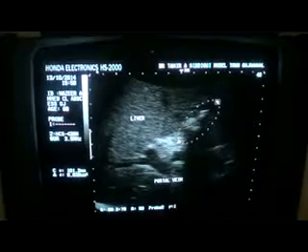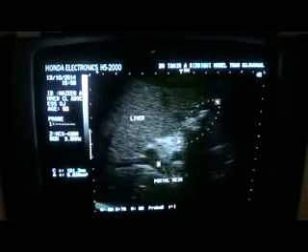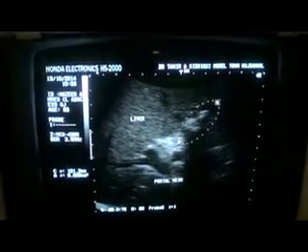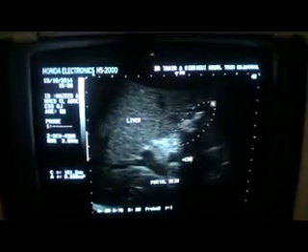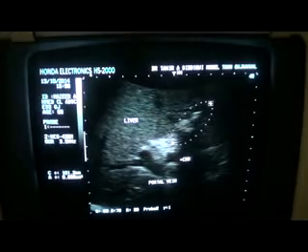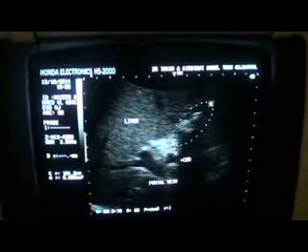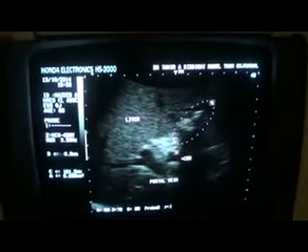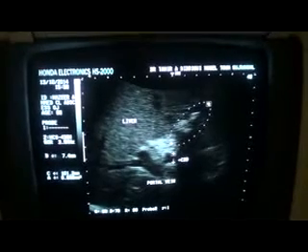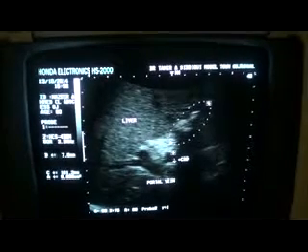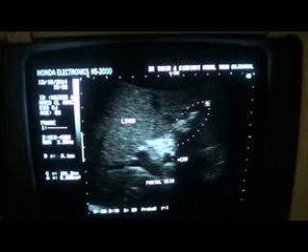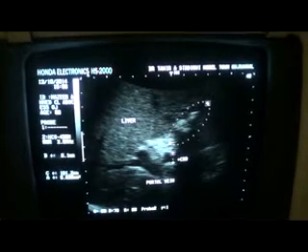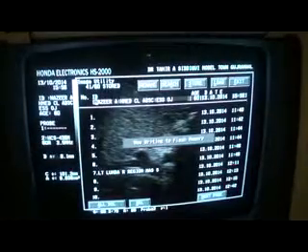This is the portal vein, and this is the common bile duct in this patient. So in this particular location, the CBD measures 8.1, so at the upper limit of normal, not significantly high.